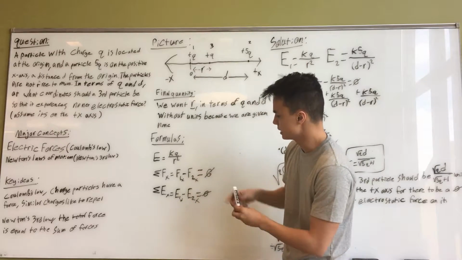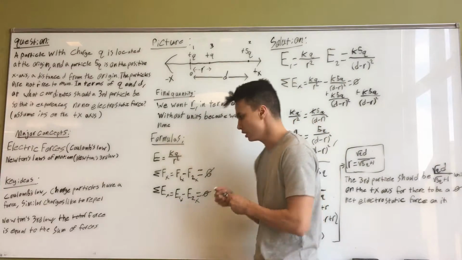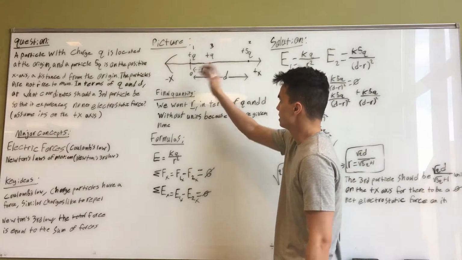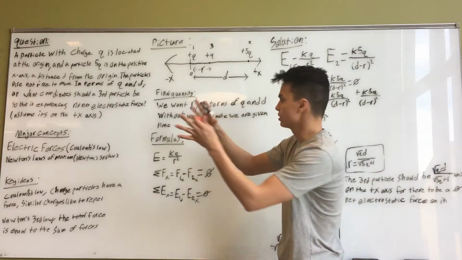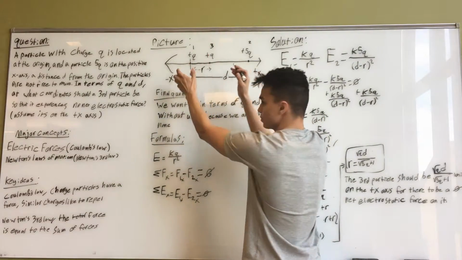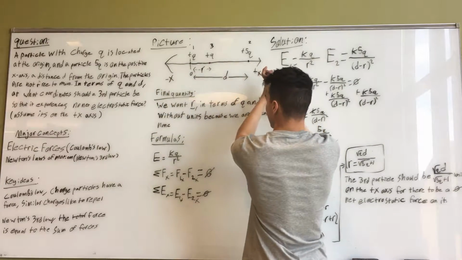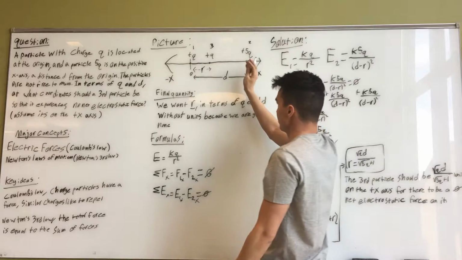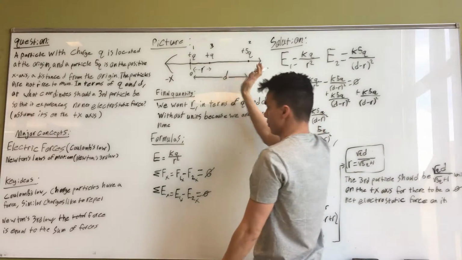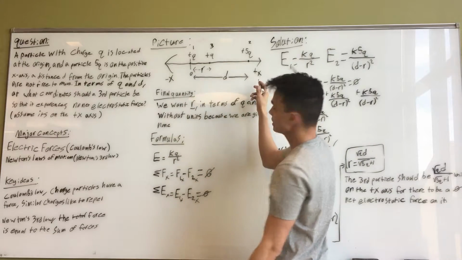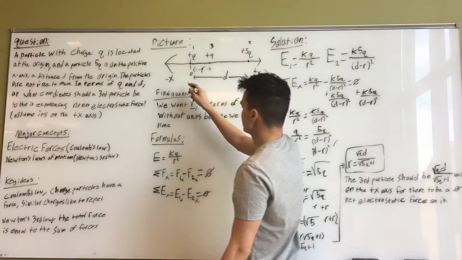Why is it not plus? Because usually we have plus with Newton's third law, F1x plus F2x. We have minus because, as I said before, charges like to repel. So charge 1 is going to be pushing charge 3 this way, whereas particle 2 is going to be pushing the third particle this way. So they're going to be pushing against each other. We've determined this as the positive x-axis.